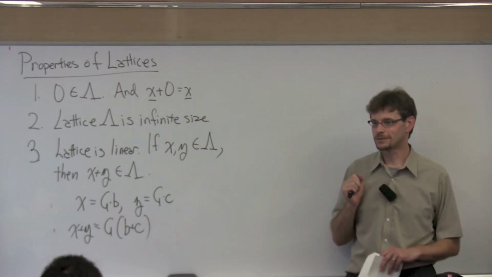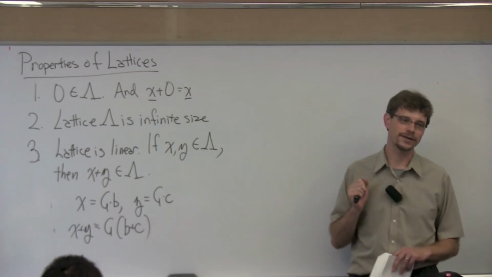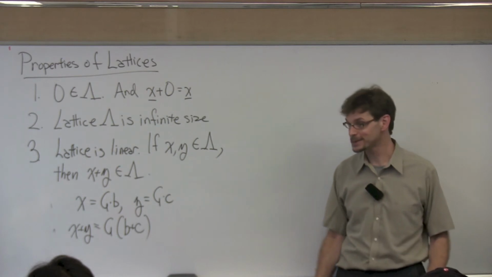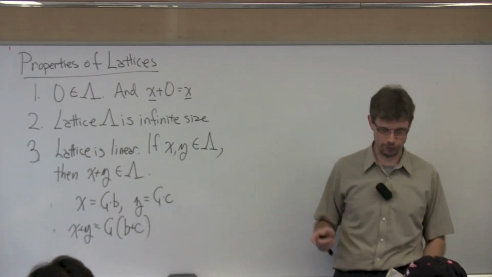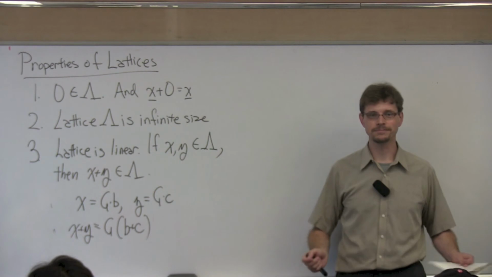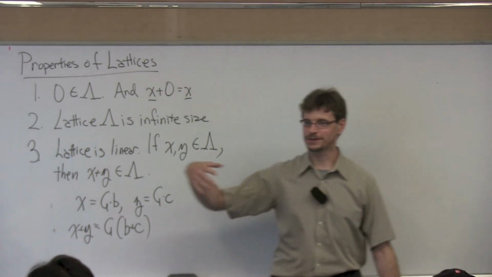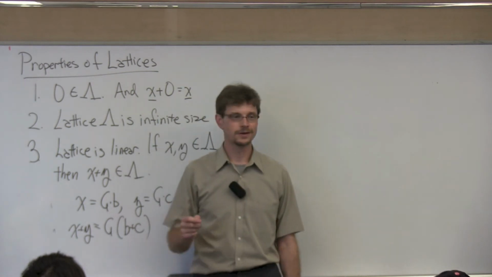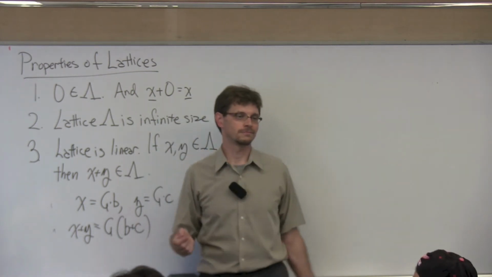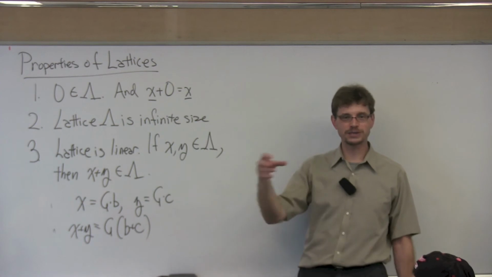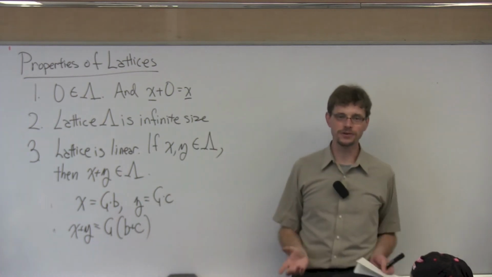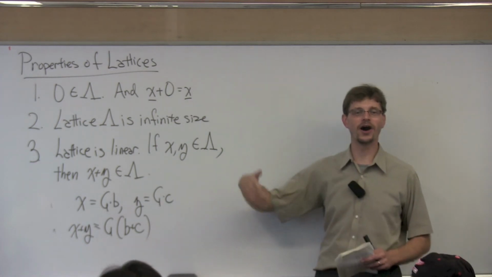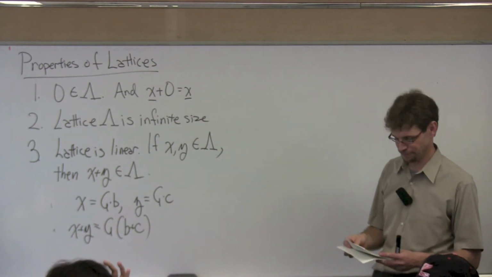You could state it a slightly different way. If you stand at the origin of your lattice and look at all of your neighboring lattice points, you can see your neighbors. But then if you stepped to some other lattice point and looked around at all of your neighbors, you would see the same thing. That is, if you move from lattice point to lattice point, what's around you is the same. And the lattice is infinite, so you could keep going until the end of infinity.